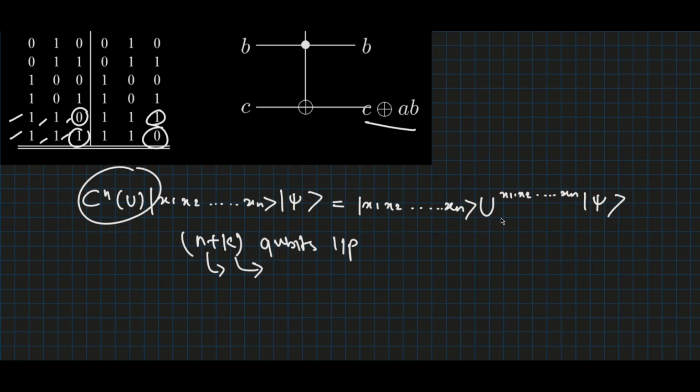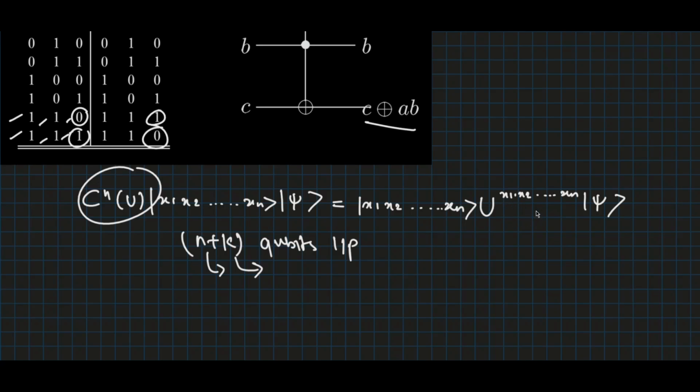And if you see, we have U raised to x1 x2 till xn, which is the product of the bits x1 x2 till xn, and U is applied to the last k qubits only if all the n qubits are equal to 1, otherwise nothing is done.